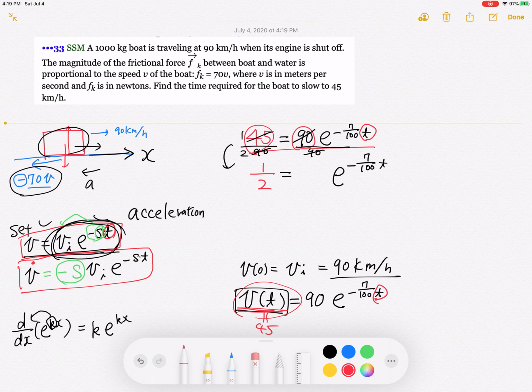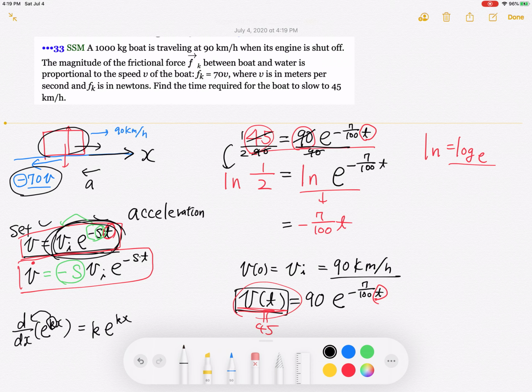Now, what I want to do here is take the natural log on both sides. ln is the log with the base number e. By doing this, this side will become negative 7 over 100 t, if you remember the property of the logarithm.